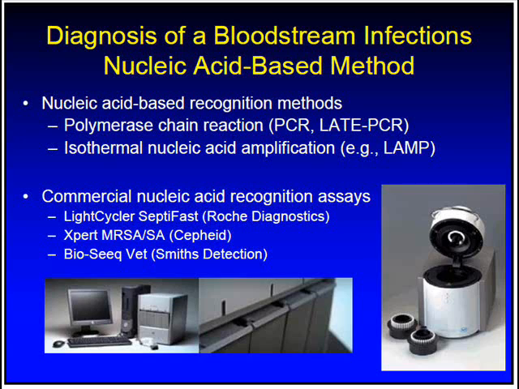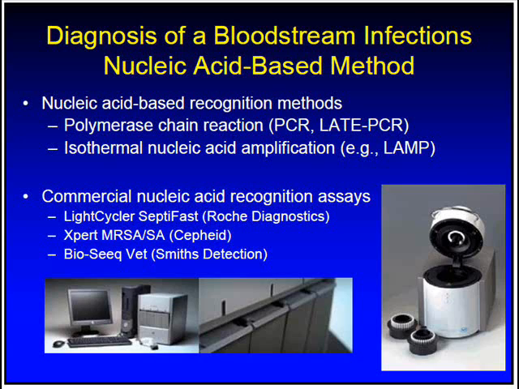The LightCycler SeptiFast by Roche Diagnostics is a multiplex PCR-based pathogen detection system, which is at present only approved for use in Europe. Both technologies perform thermocycling reactions for amplification of target nucleic acid. I will cover the SeptiFast test in greater detail in part 3 of my talk.